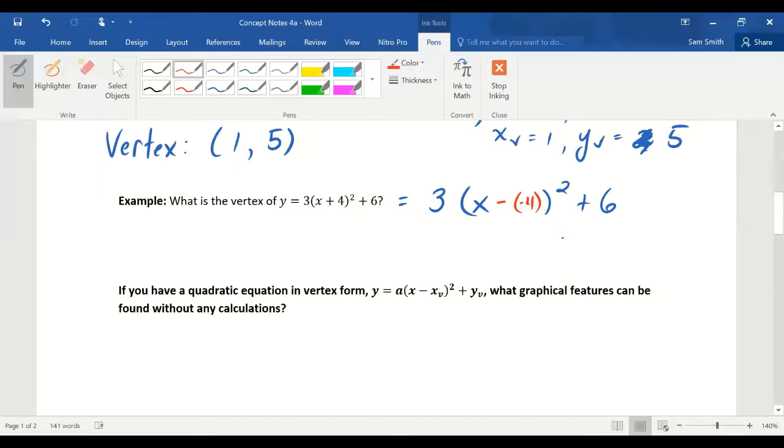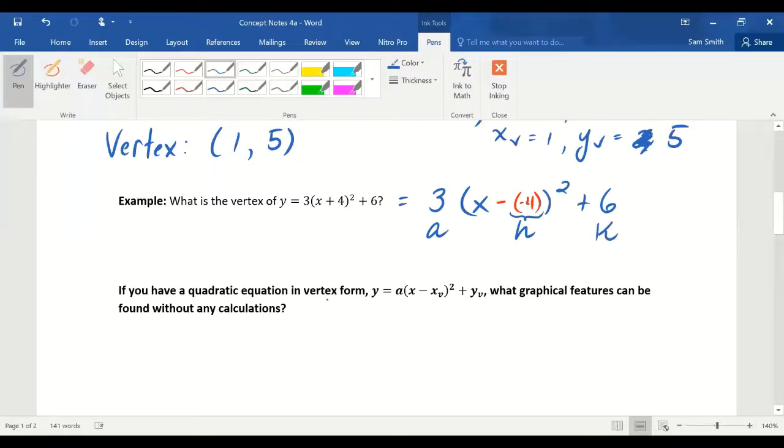So I can think about this as x take away negative 4. If I compare this now against the general vertex form, I have a 3 for my a value, a negative 4 for the h value, and a positive 6 for the k value.